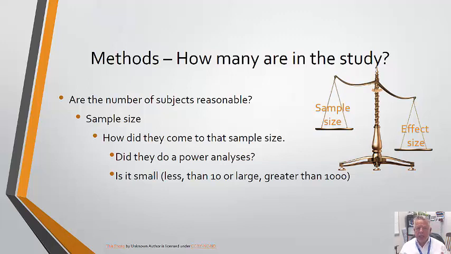So it's always this balance, but you as the reader need to be aware, because it has some effect on how generalizable this information is. Now, the qualitative research, most of that is done on less than 10, but qualitative researchers will tell you that it's less generalizable.